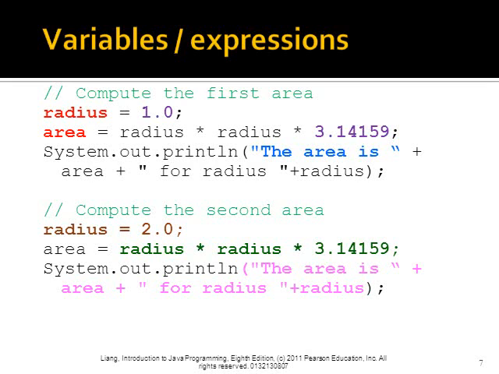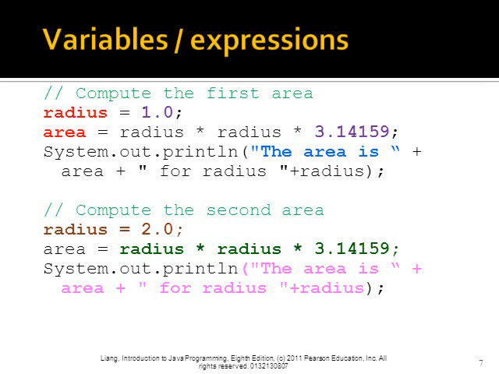Brown, down in the second compute area, is an example of initializing a value. We initialized it at the beginning, and then gave it another value. Most of the time, initializing happens right at the beginning of the program, so it's an initial value for that data item or that variable.